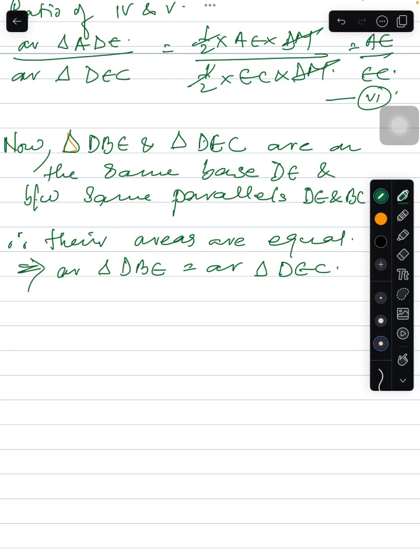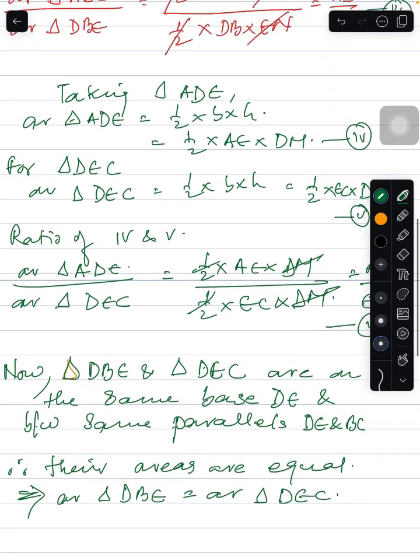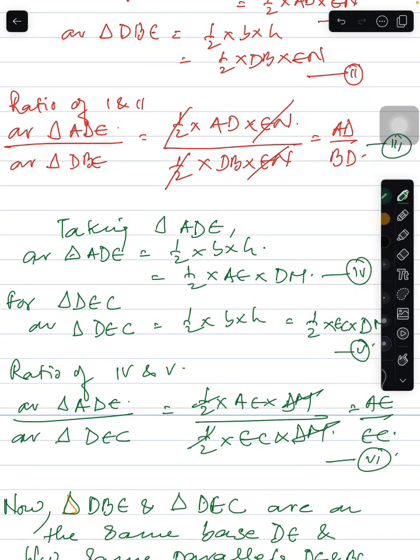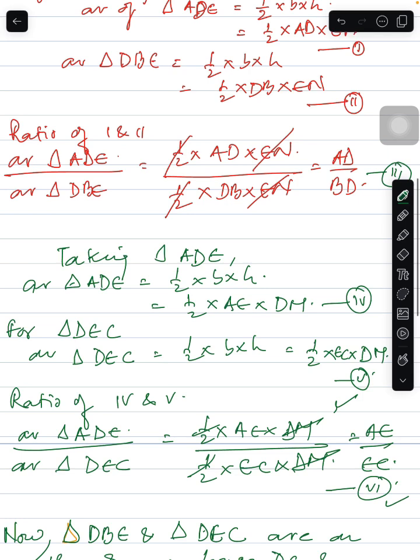Now what you can do is, taking equations 3 and 6.